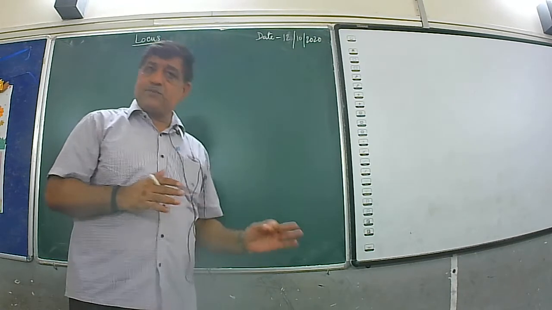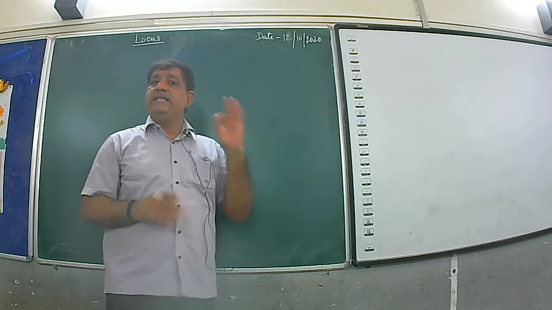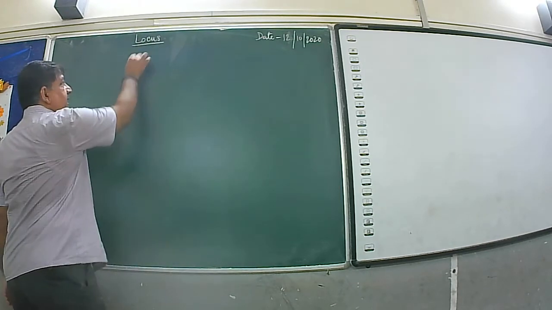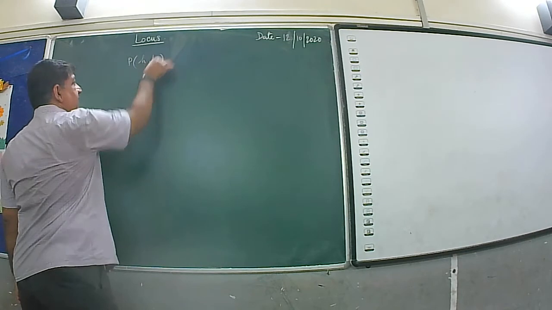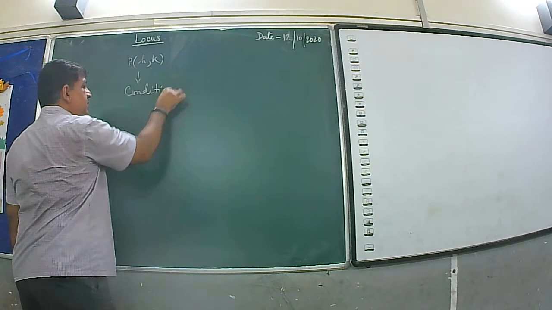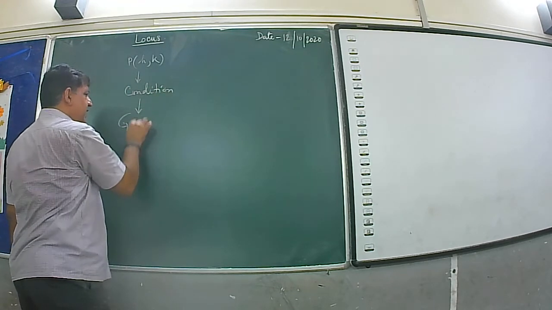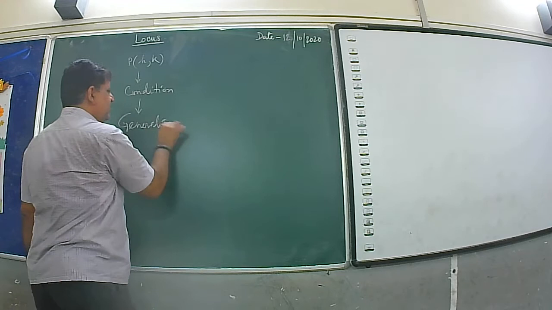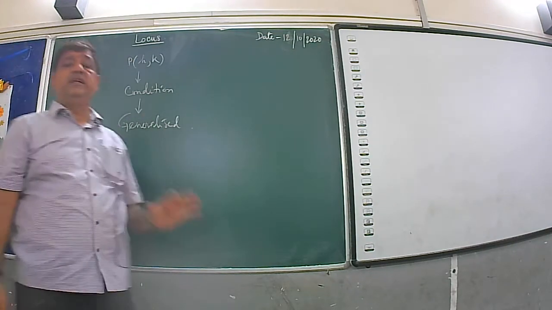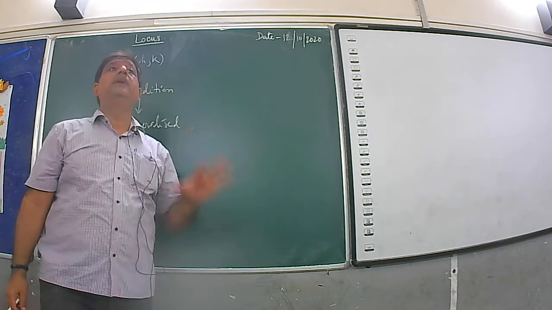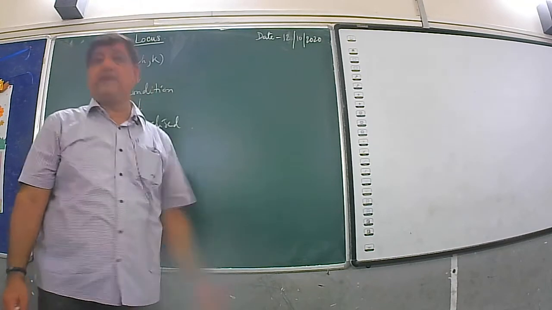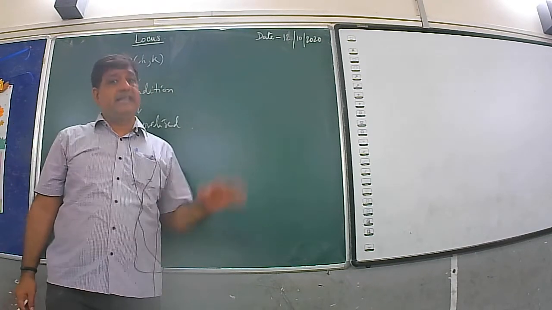In step 1, you have to take the point as P(h, k), then you have to apply the condition, and then you have to generalize the result. These 3 steps you have to follow for finding the locus of a moving point. And today we will try to solve a few interesting problems based on that locus.